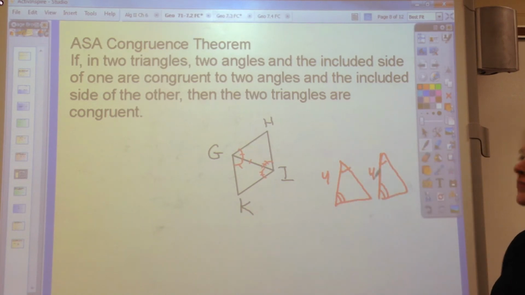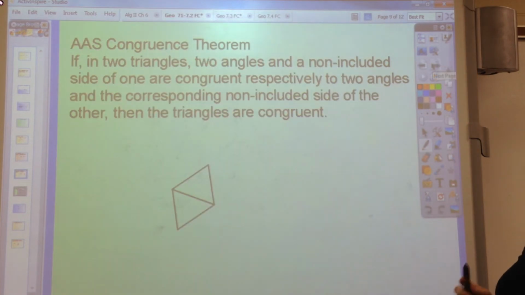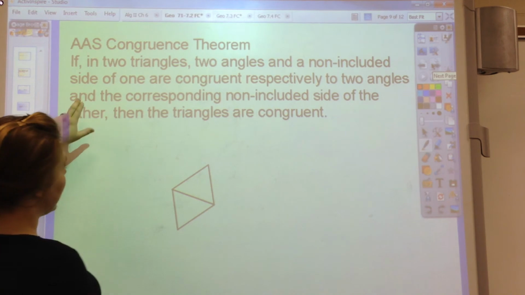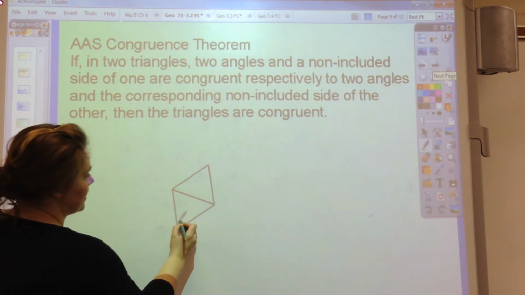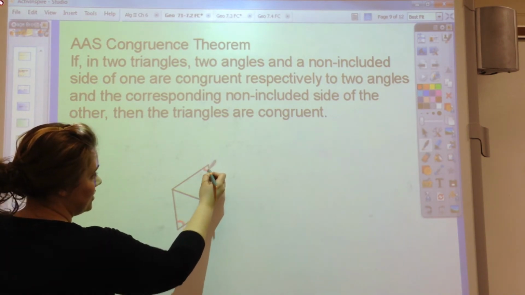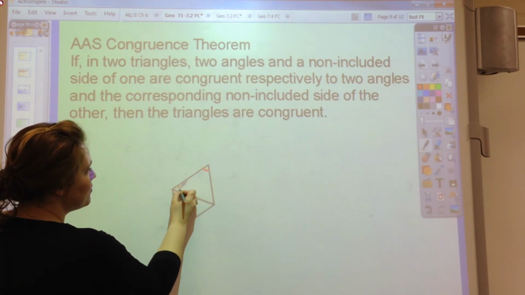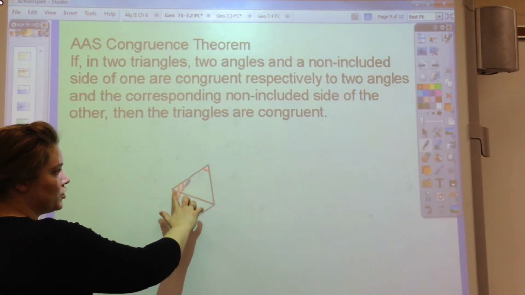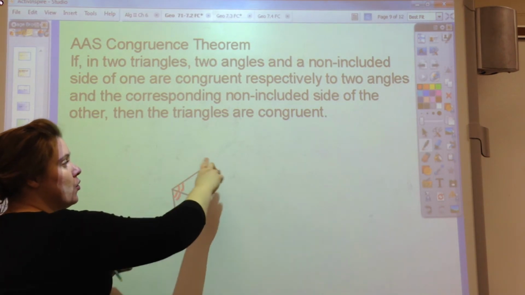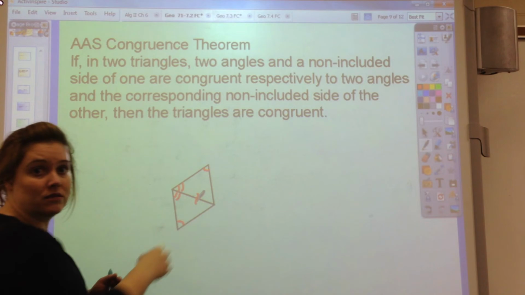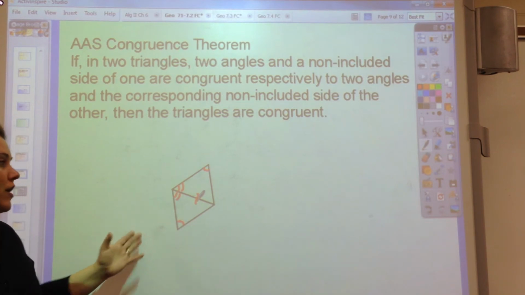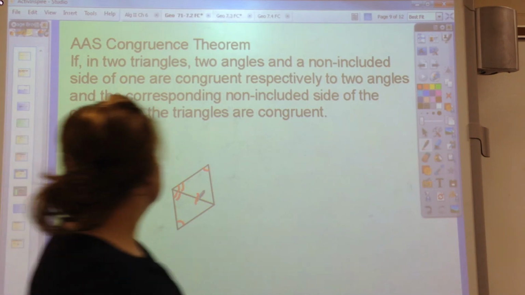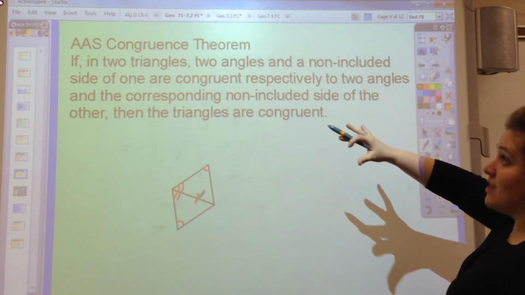Does that make sense? All right, and we have the angle, angle, side congruence theorem. This means that we have two angles, let's say this angle and this angle, and remember they must go in the same order. So I have 1 dash mark, 2 dash mark, side length, 1 dash mark, 2 dash mark, side length. Now this would mean that these two triangles, because of these congruency symbols, are one and the same triangle, because of the angle, angle, side theorem.